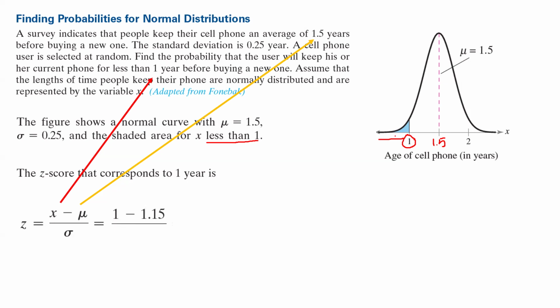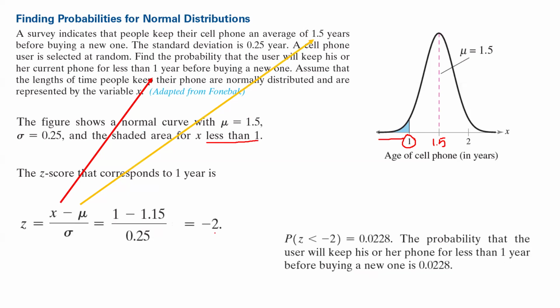So x, which is 1, minus mean, which is 1.5, divided by sigma or variability, which is 0.25. When you do the calculation, it is equal to -2. So everybody, here you had x, 1 corresponds to x, and -2 corresponds to z.